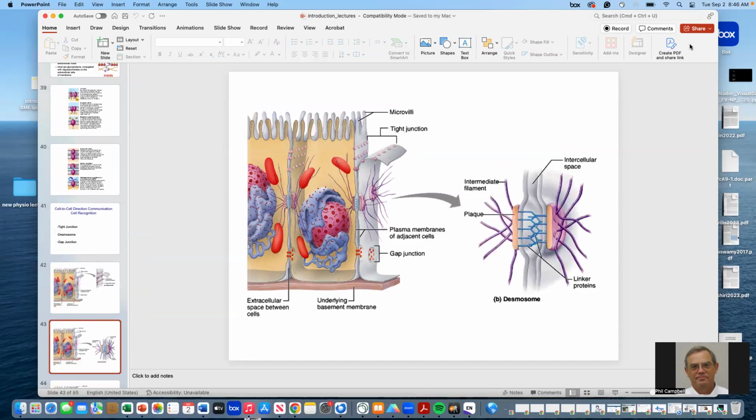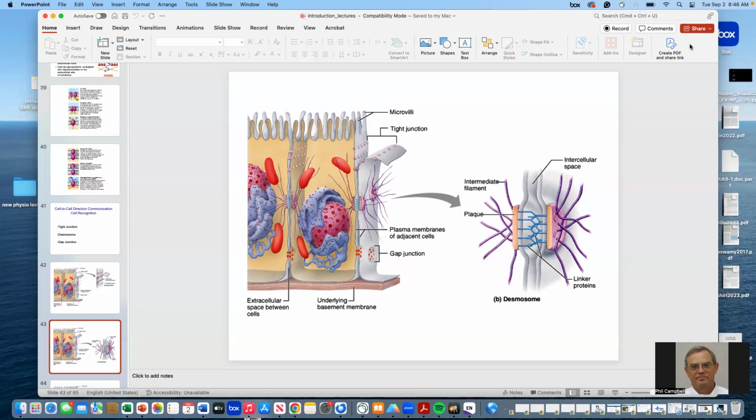The next thing I want to talk about is something called a desmosome. I want you to think of a desmosome as Velcro. Everybody knows what that is. You've got your loops and hoops structures. Here's the hoops, here's the loops, and they hook together. You can pull them apart, but they tend to hold together. So in the desmosome, that's what these linker proteins serve as. That's the Velcro.